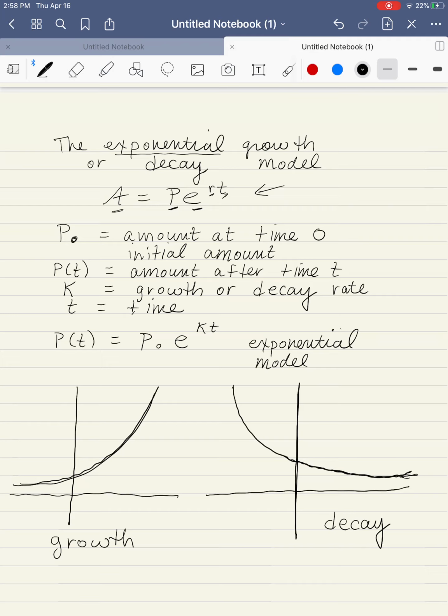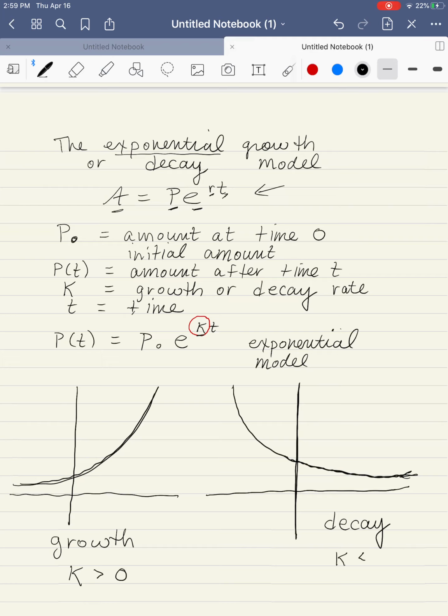Now remember what causes a reflection over the y-axis, and that is if you have a negative inside of the function. In other words, in the exponent. So we're going to see, to have the classic growth shape, k is going to be a positive number.